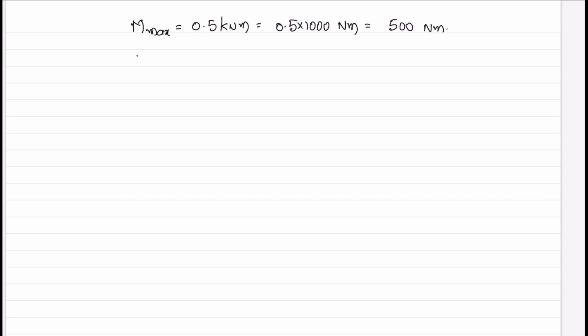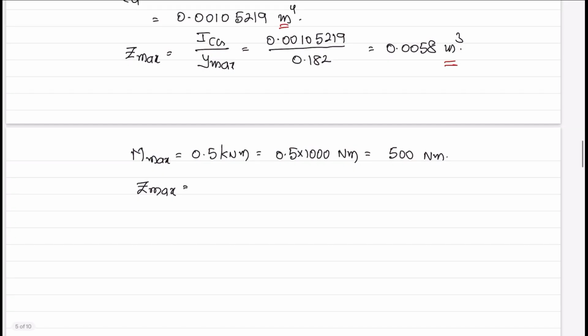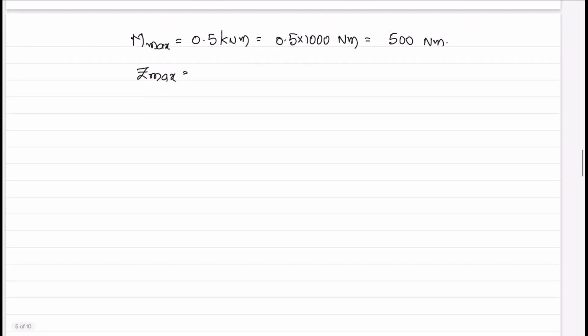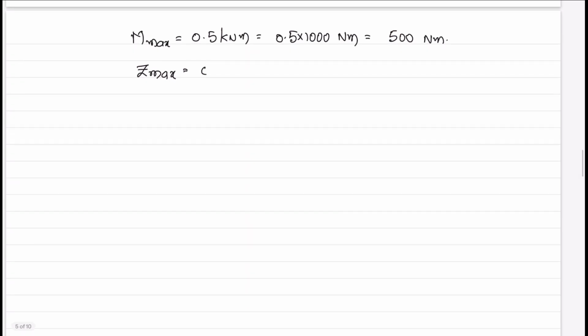And what is the Z max? That is the section modulus, which is related to strength. It is 0.0058 cubic meter. Now, what will be the sigma stress?